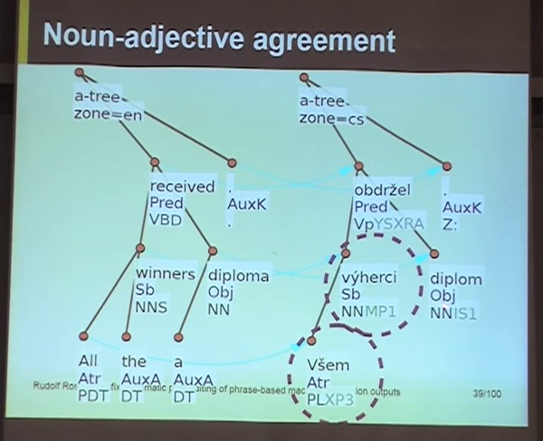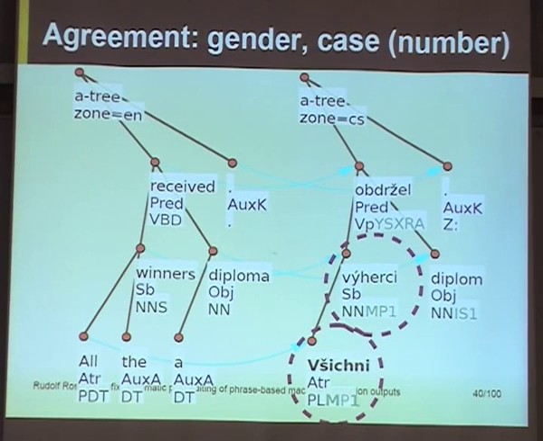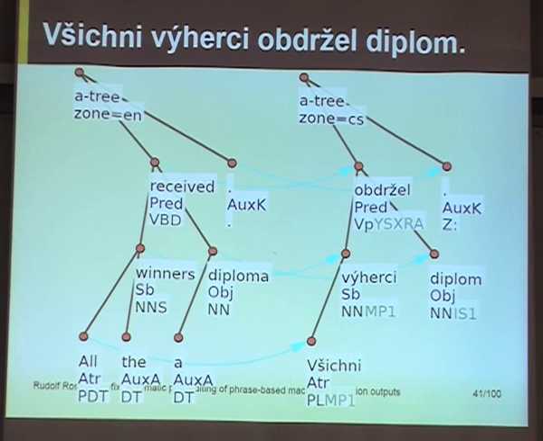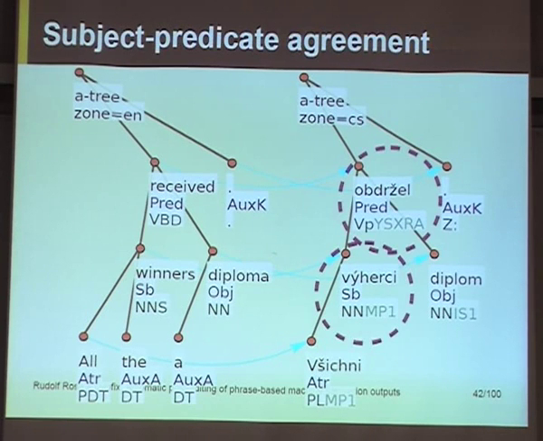But again, that's easy to fix because we know that we require agreement in gender and case and number, and all these categories are in the part of speech tag, so we simply take these categories from the head word and change them in the dependent word so that it agrees. Regenerate the word form, and we're done. That's what we wanted. Still, it's not perfect, but we're nearly there.